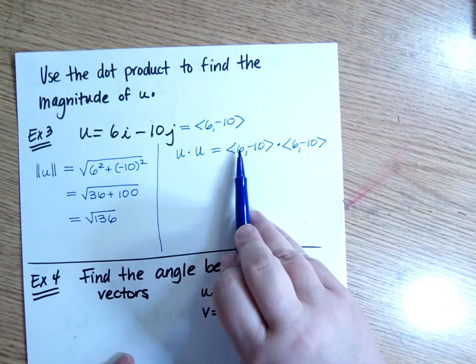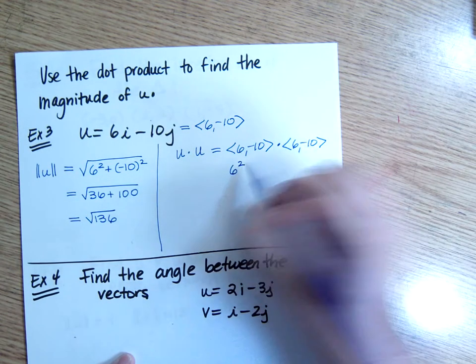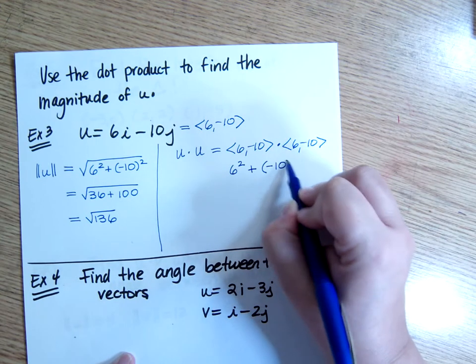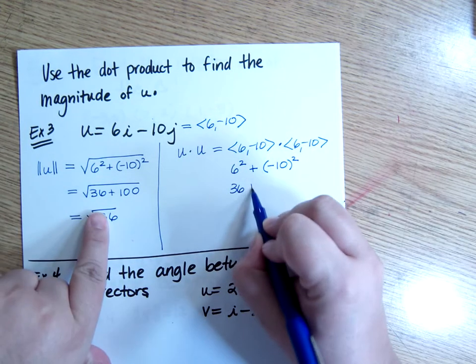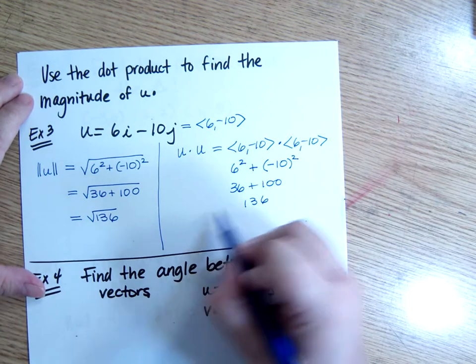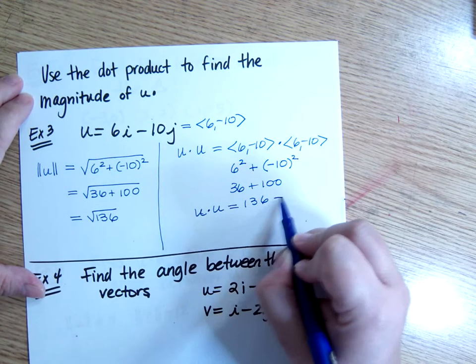So 6 times 6, which is 6 squared, plus negative 10 times negative 10, which is negative 10 squared, which is, notice the numbers, 36 plus 100, which is 136. That is the dot product of u and itself, or you could say u squared.